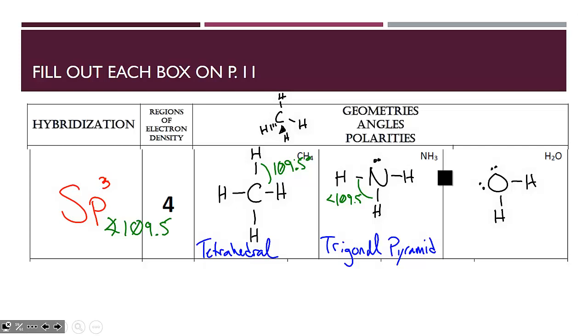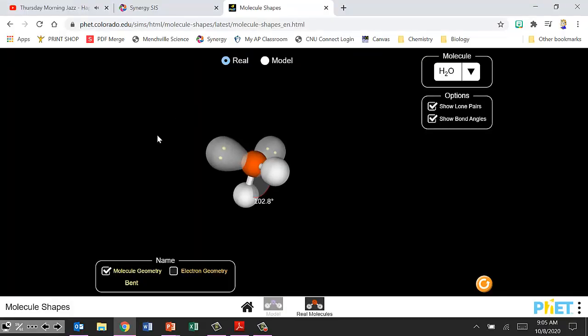2 lone pairs is going to drop that bond angle substantially. And substantially is still a relative term. It's not going to be very near 109.5. In fact, with water, it's 104.5 degrees. But again, you are not responsible for knowing that. You are only responsible for knowing that it is less than 109.5 degrees. In water, we get this Mickey Mouse looking shape.